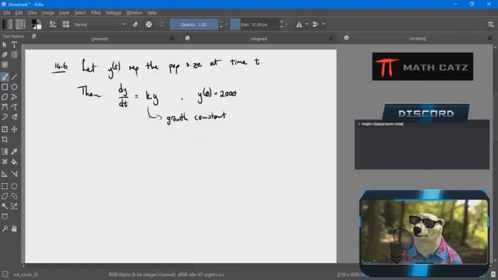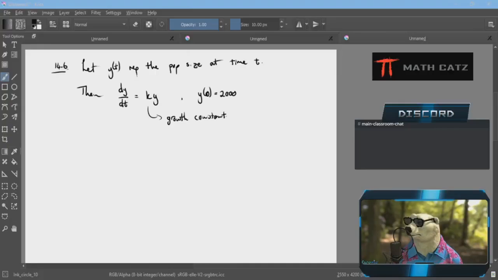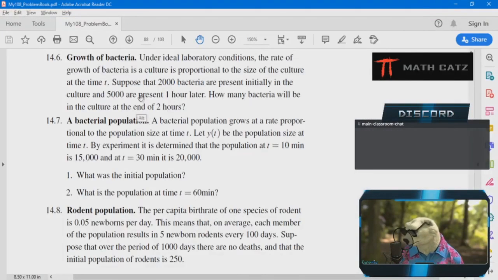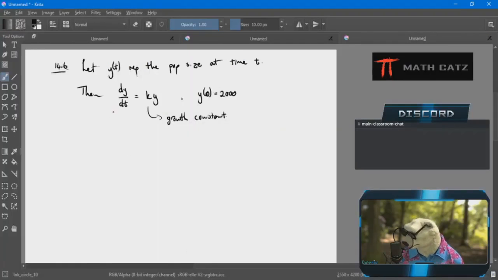We have to figure it out soon, but we don't know right now. Before I can even worry about their questions about 5,000 being present an hour later, or how many bacteria will be in the culture at the end of 2 hours, I have no idea. I would need the function to answer any of those questions.